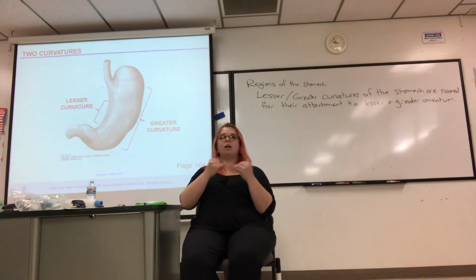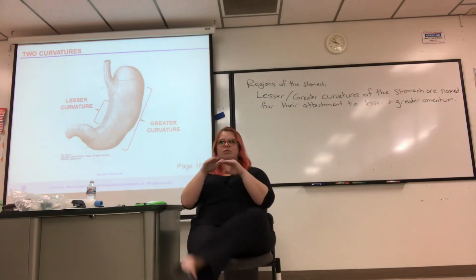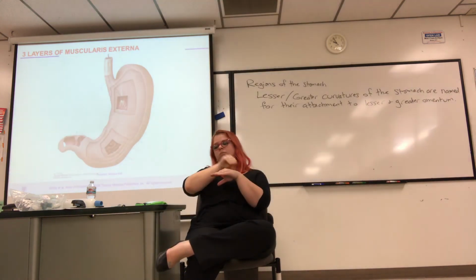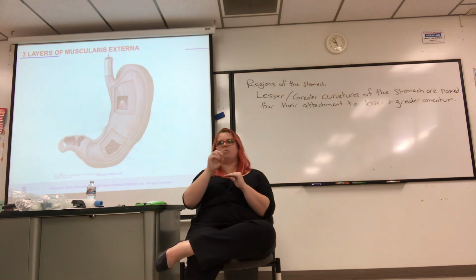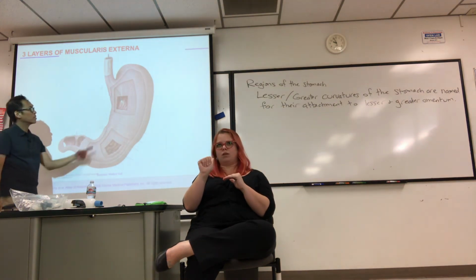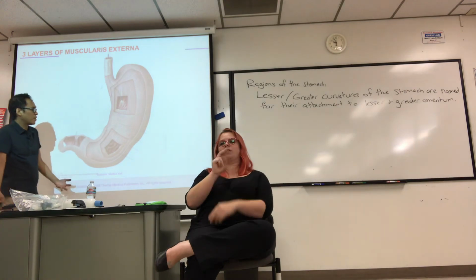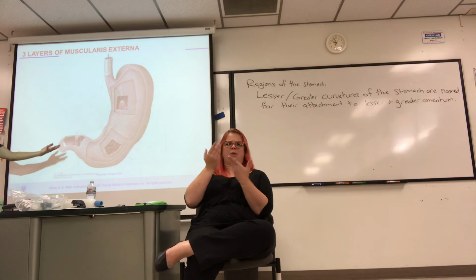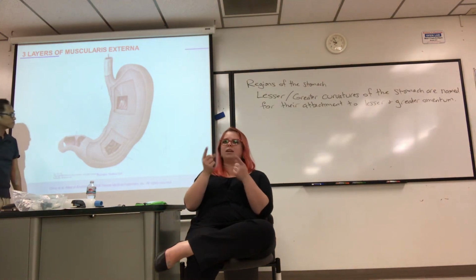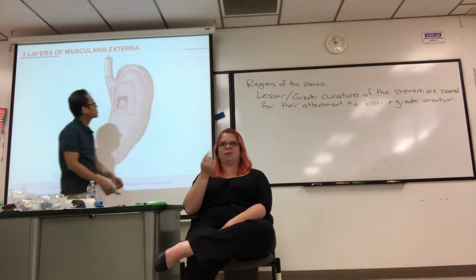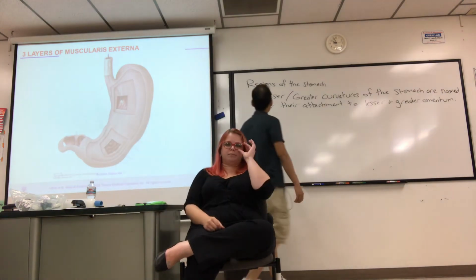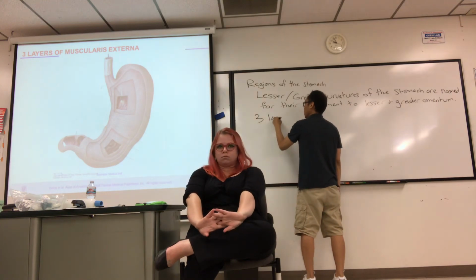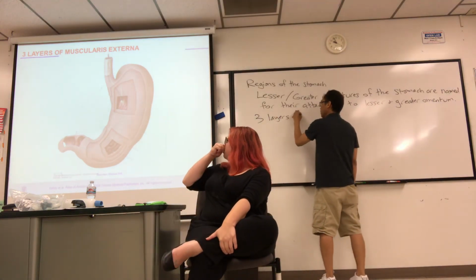But let's look at the layers. You're looking at the serosa, the outermost layer. If you remove the serosa and look at the 3 layers of muscularis externa we pictured here, leave an illustrated endoscope. You do that if you suspect you have an ulcer, a stomach ulcer, which can happen because of all the acid that's always secreted. 3 layers of muscularis externa.